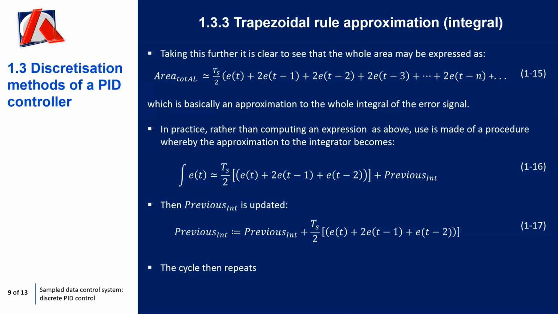We want nice, quick-to-compute algorithms on board our digital controllers. So what we've got now is this equation 116, and you'll notice we've got this previous subscript int, which is effectively all the previous integrals past.